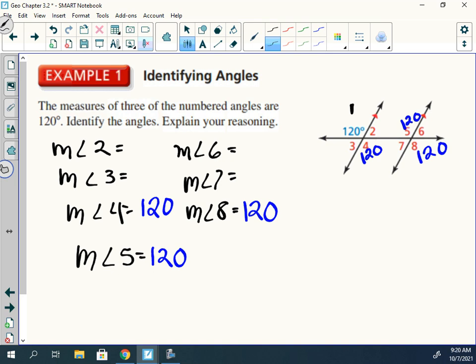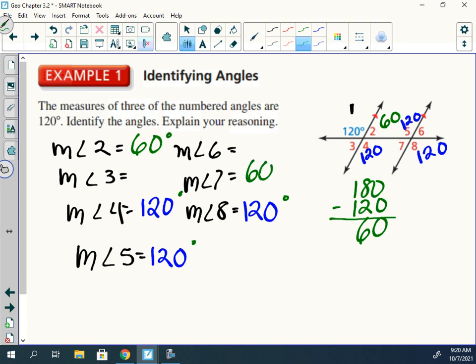So we can take 180 and subtract 120 to find the measure of angle 2. 180 minus 120 is? So the measure of angle 2 is 60 degrees. Really, I should have the degree marker on all these. But as we just said, 2 and 7 are alternate interior angles, so 7 is?